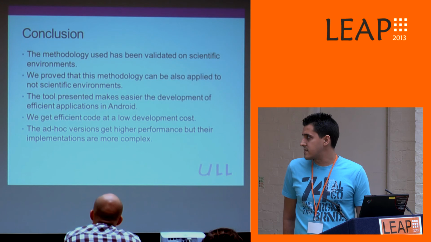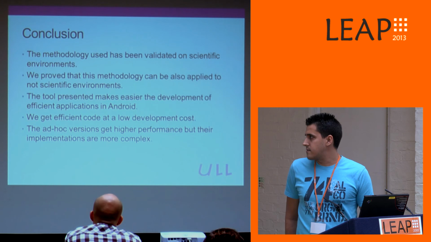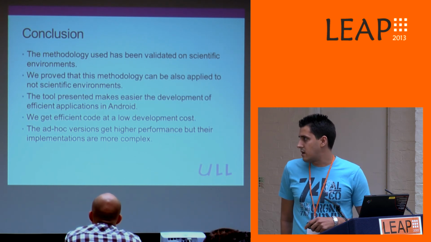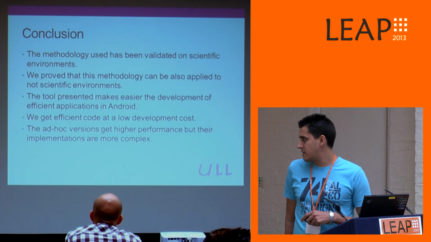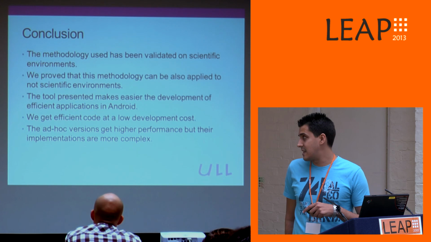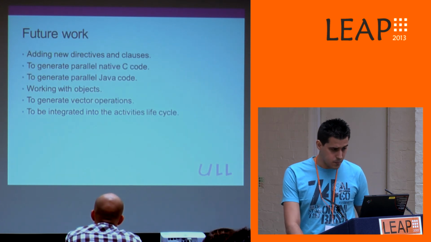The tool presented makes easier the development of efficient Android applications. We get efficient code at a low development cost, while the ad hoc versions get high performance, but their implementation is more complex.